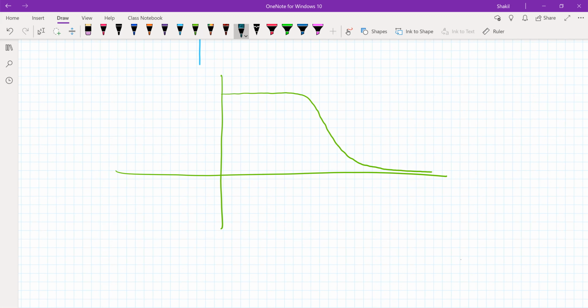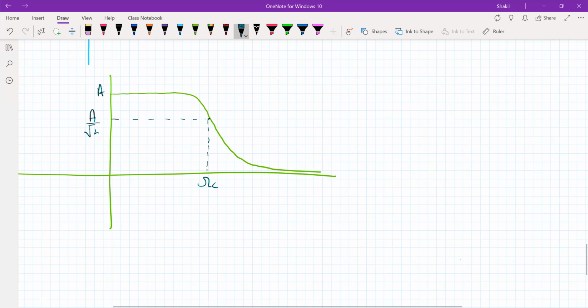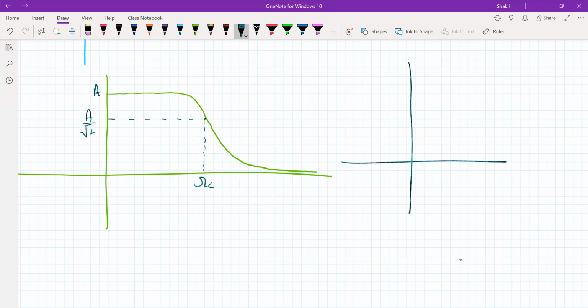Suppose the magnitude here is A, and when the magnitude drops to 70%, that frequency is referred to as the cutoff frequency for a practical filter. So we say this is the cutoff frequency, right? This is the frequency at which the magnitude drops to 70% of the magnitude at 0 frequency.